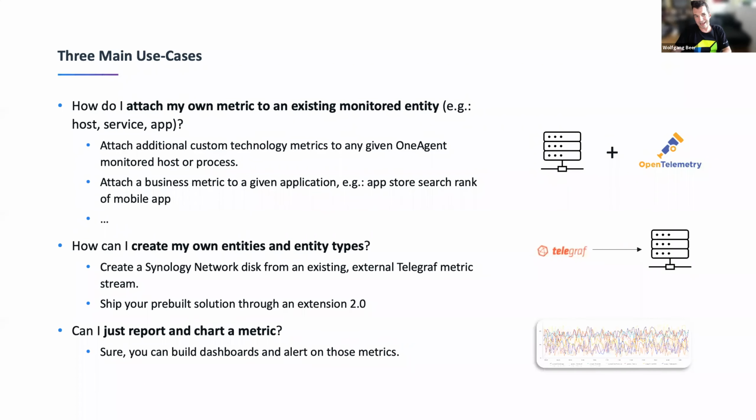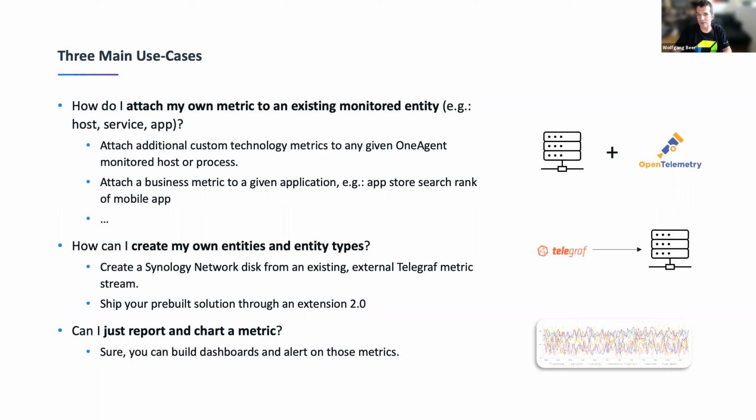Well, first of all, I identified 3 main use cases that you have to distinguish here. And that's very important to distinguish between those and where to start from. So the first use case is that you already have a monitored entity, like a host, a service, or an app that is running in Dynatrace that you already see in an entity screen or in Smartscape and so on, maybe given by the OneAgent, or you have a RUM application that is already running and monitoring user sessions.